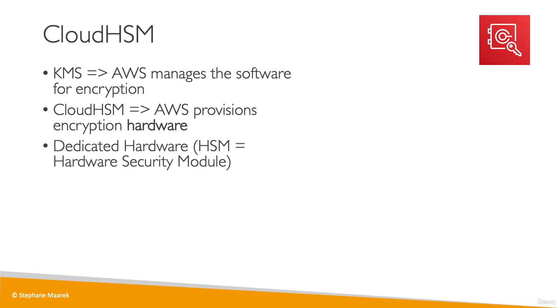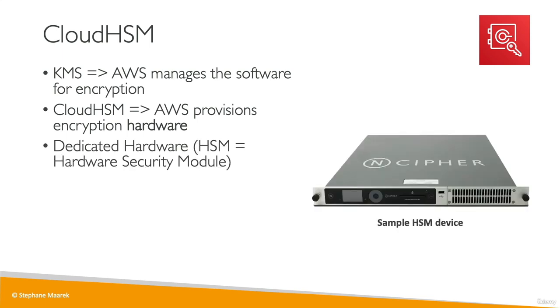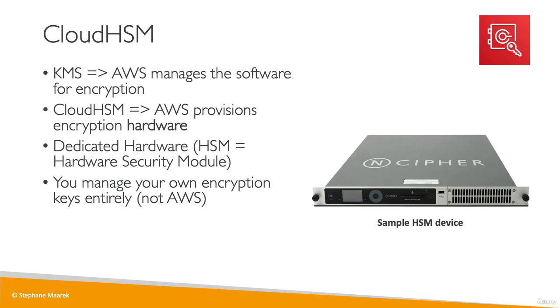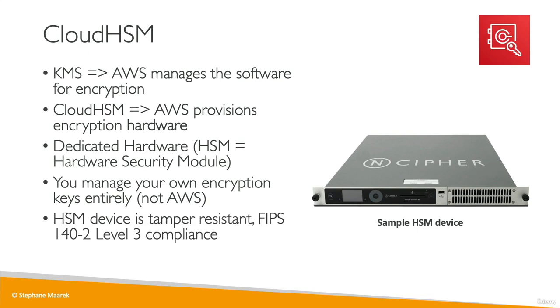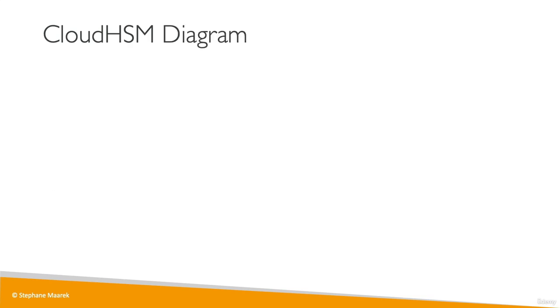A dedicated hardware for us is called an HSM module, a hardware security module, and it looks like this. AWS will give us the hardware in their infrastructure, but we manage our own encryption keys entirely, not AWS. And to make sure that no one can get our keys by sneaking into the AWS data center, the HSM device is tamper resistant. If someone tries to tamper with it, it will fail. And there is FIPS 140-2 level 3 compliance, which is a security standard.